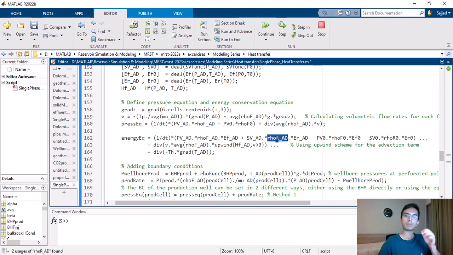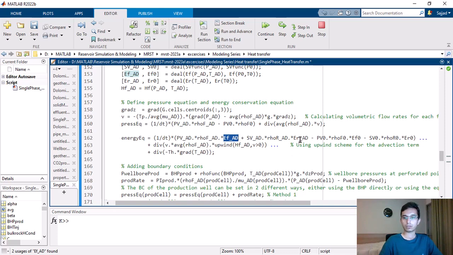Then we multiply the mass of the grains by this actual parameter, which is the specific internal energy of the grains. All right. So all the terms that we have here, ER, EF, are specific terms. What I mean by specific is that it is energy divided by mass. That is the definition of a parameter which is specific.